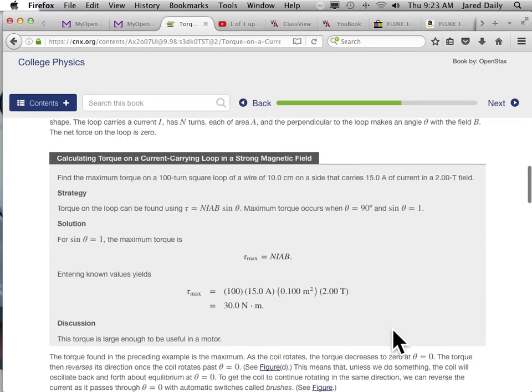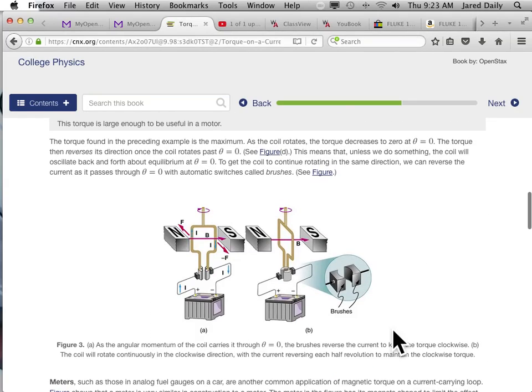So we fix that problem by putting on what we call a commutator. Commutators and brushes, we call this. So what we do is, where the connection is that's going to provide current to this loop, we break the connection so that there's one connector for each side of the loop. One connector going up the loop and then coming down the other side, it's a different connector.